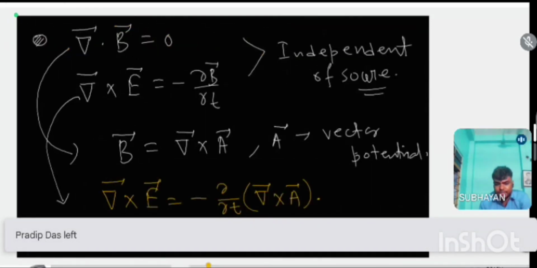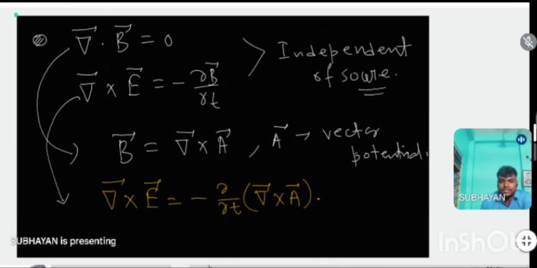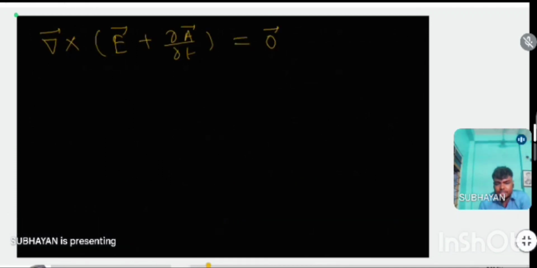From this equation, you can express it that way. Curl of all these things, E plus del A by del T, is equal to 0.